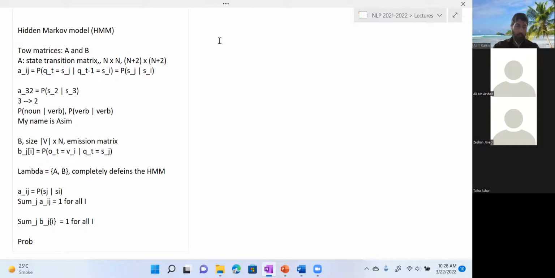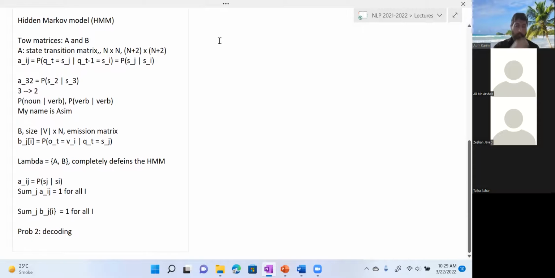Problem 2 was the decoding problem. What did we do in the decoding problem? We find Q star, which is basically the argmax over all possible Qs of the probability of O given Q and the probability of Q. So this was trying to find the best sequence of labels given a sequence of observed events.